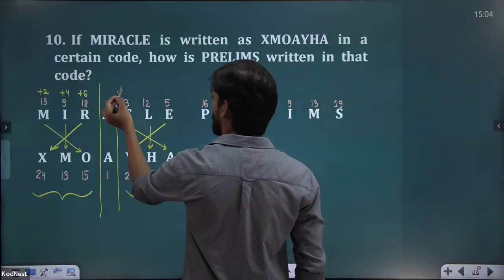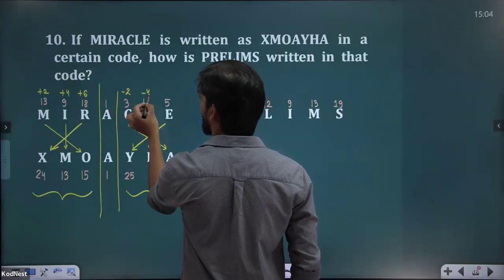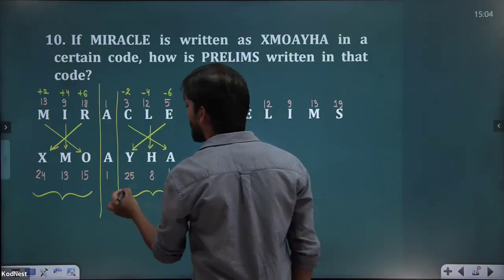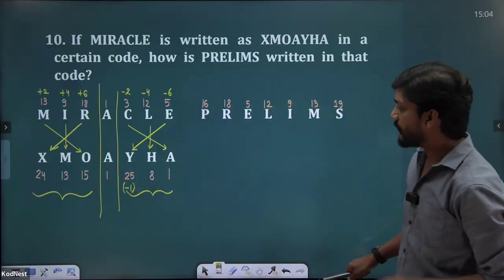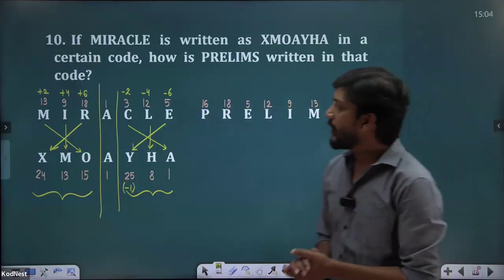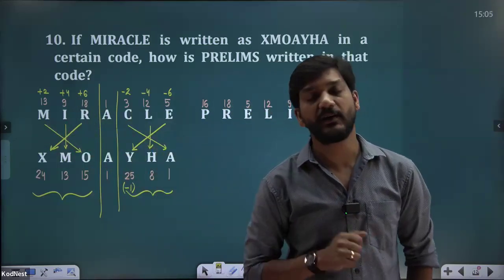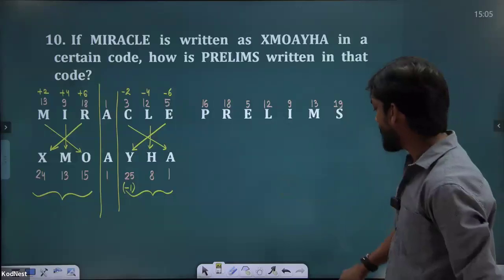So 3 minus 2, it is not plus, it is minus. 12 minus 4 and 5 minus 6. 5 minus 6 will give you -1 and -1 is same as 25. So this way it will come out. On one side we have +2, +4, +6. On the other side we have -2, -4, -6. So the same we have to apply here also.